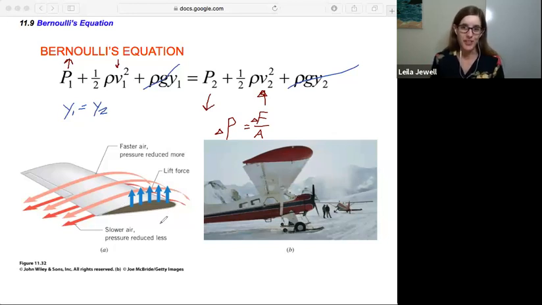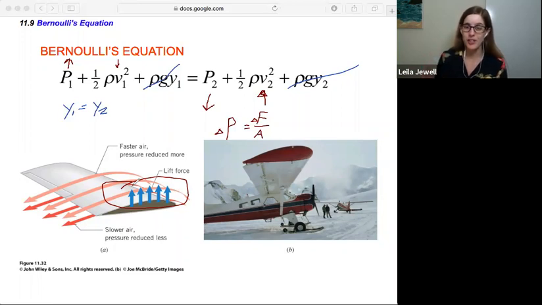And it will be pointed net towards the lower pressure. So that means we're going to create an upward force known as our lift force. So by just having a slightly asymmetric wing, by Bernoulli's equation, we can create a lower pressure region and thus create lift, an actual force. Amazing.